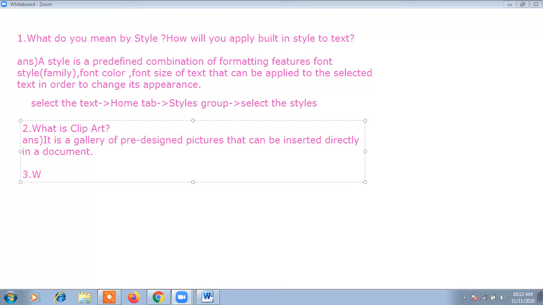Now the third question, what are shapes?